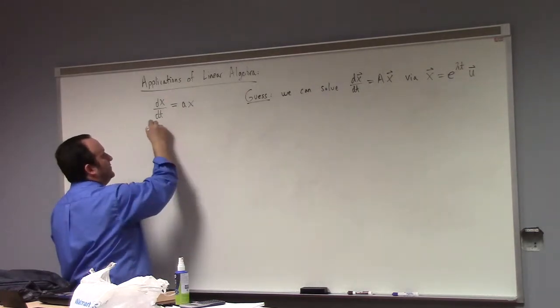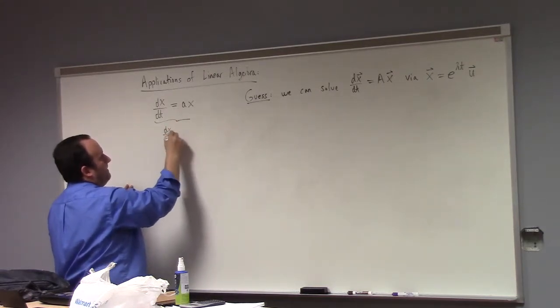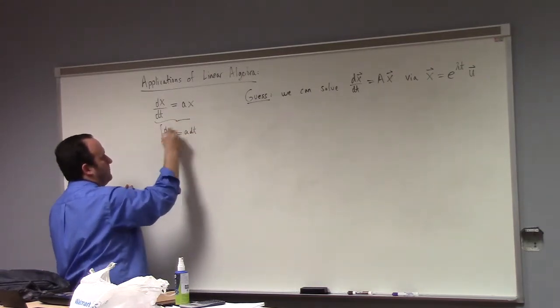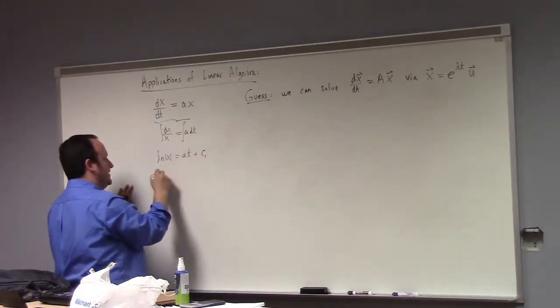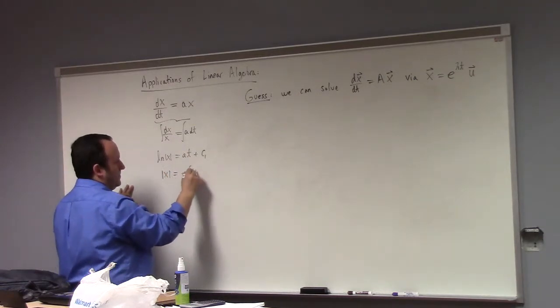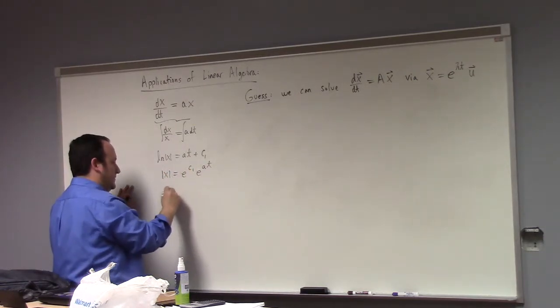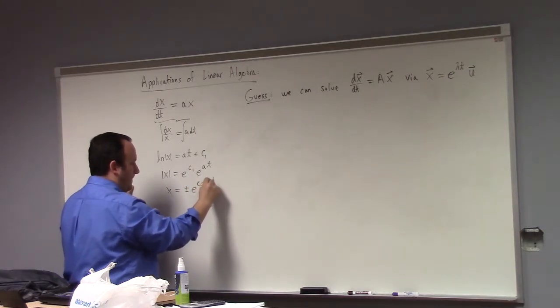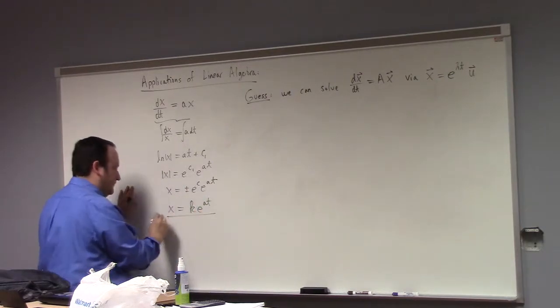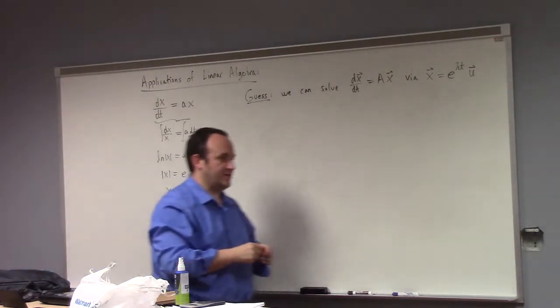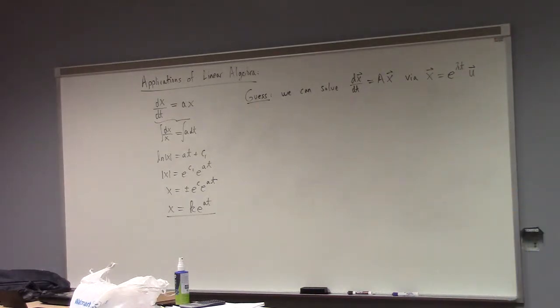You can separate variables, integrate, exponentiate, use laws of algebra, some constant e to the at, right? And that was the last great work of this marker, because it is dying. Anyway, my point is, that's not a guess that comes from nowhere, because this is kind of like that.